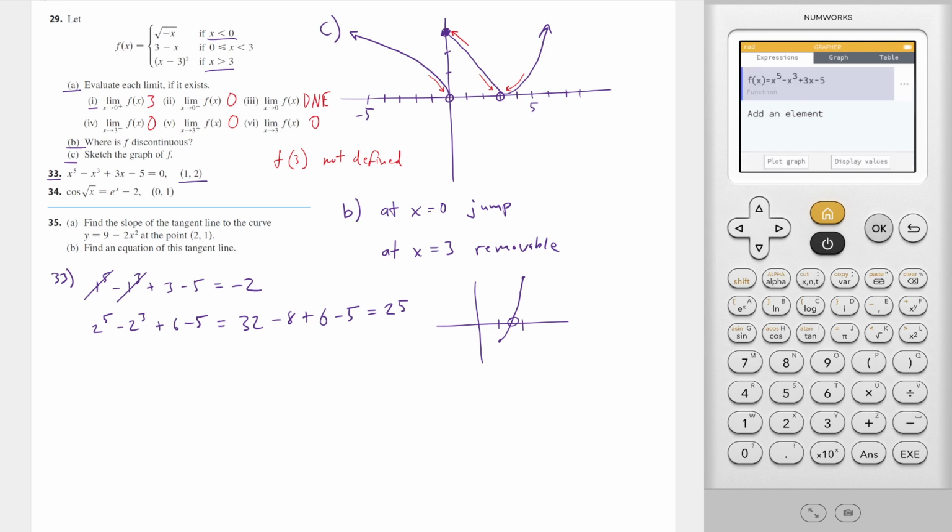Okay, so that is my function, and I can graph it. It made my y-axis really big, and so I can't really see where the root is.